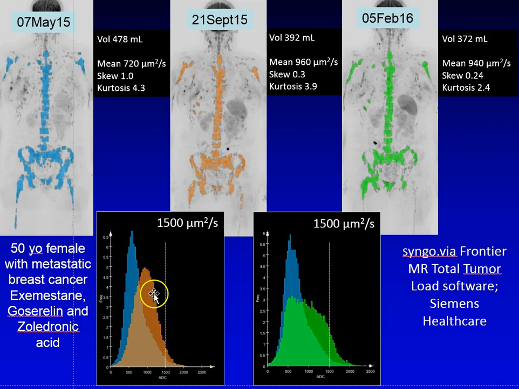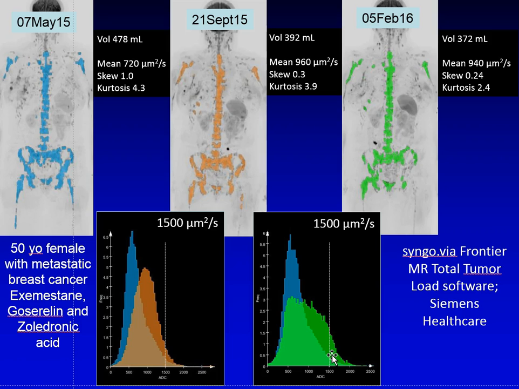So you see a slight shift to the right side, and on the third examination you can see that in fact the histogram starts to come back, and again it's got that flat appearance that we were looking at previously. And again, this is very typical of what you would see in the apoptotic cell kill.